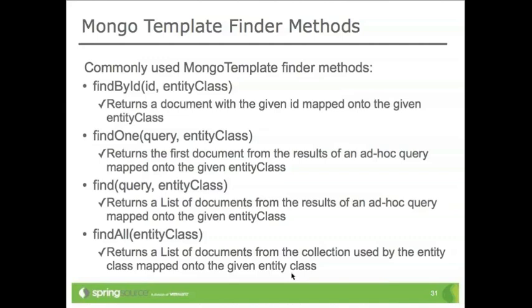And you can also say find all for this class. So we'll take the class, figure out, okay, that's the book collection, that's the authors collection, and we'll retrieve every document in that collection, map them to the entity class, and create a list of all the results and hand that back.